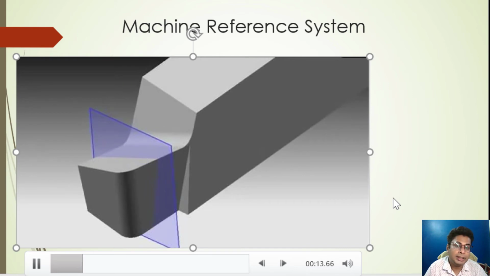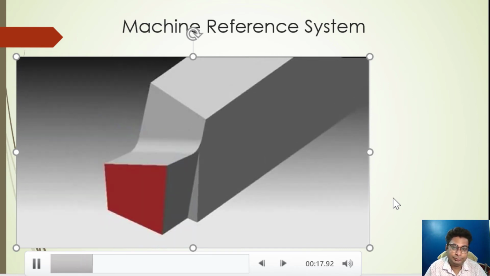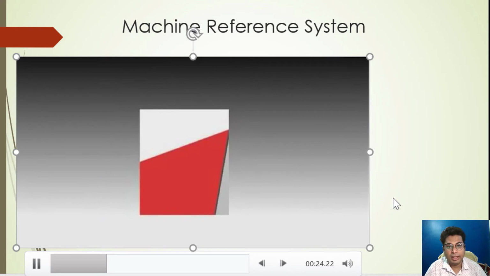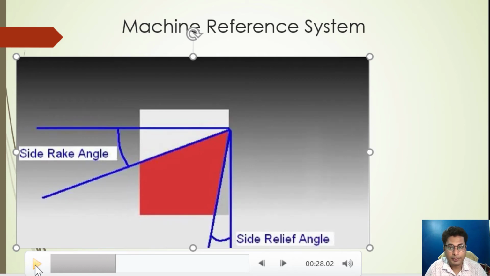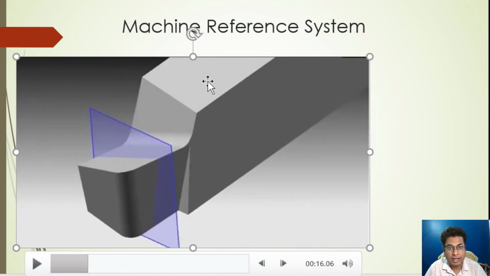Now this is the pi x plane. If we get the cross section along pi x plane and we are seeing the pi x plane, then the angle which it makes is a side rake. This is the pi r then. Have you got it? The shank portion is your pi r plane and this is the pi x plane.